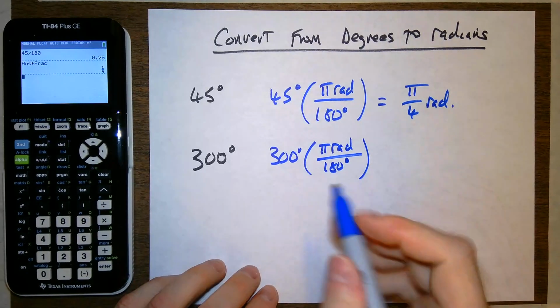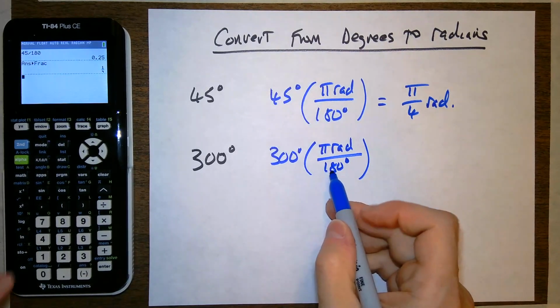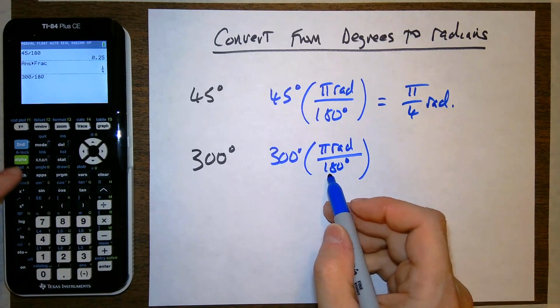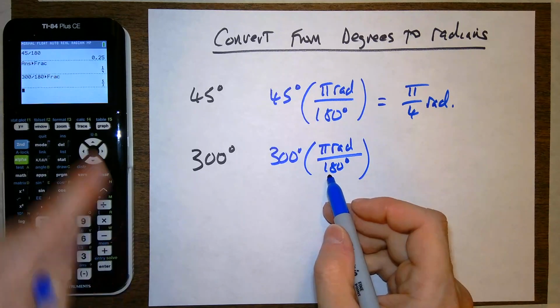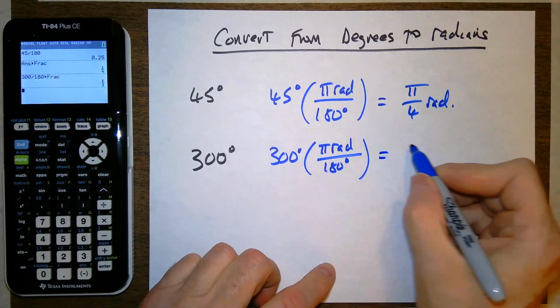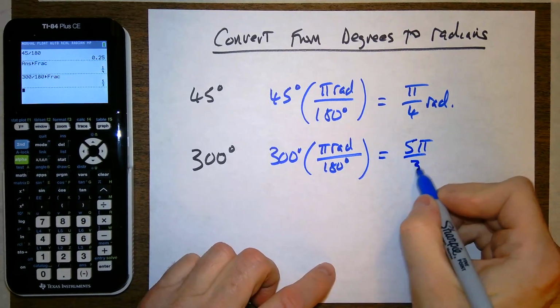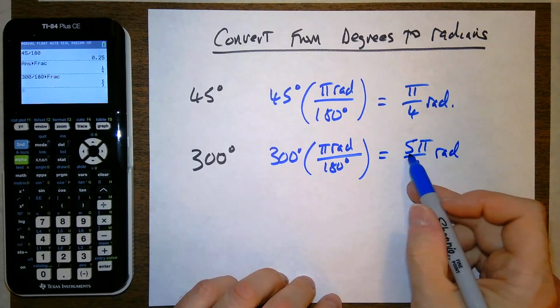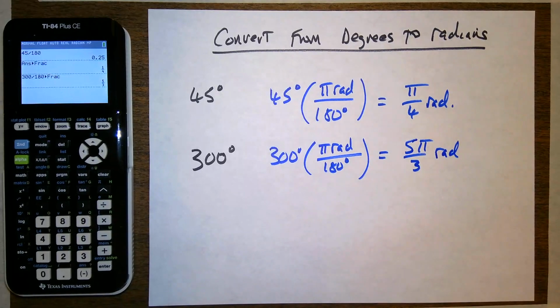The degrees cancel. 300 divided by 180, give me the answer as a fraction, 5/3. So this is going to be 5 pi over 3 radians, 5/3 of pi. And we're going to write it like this, 5 pi over 3.